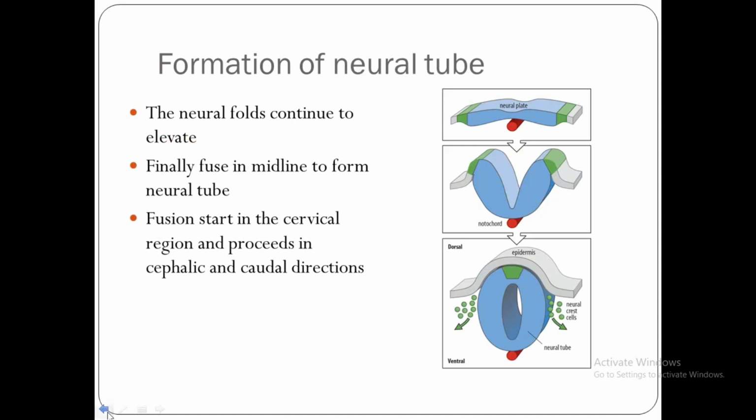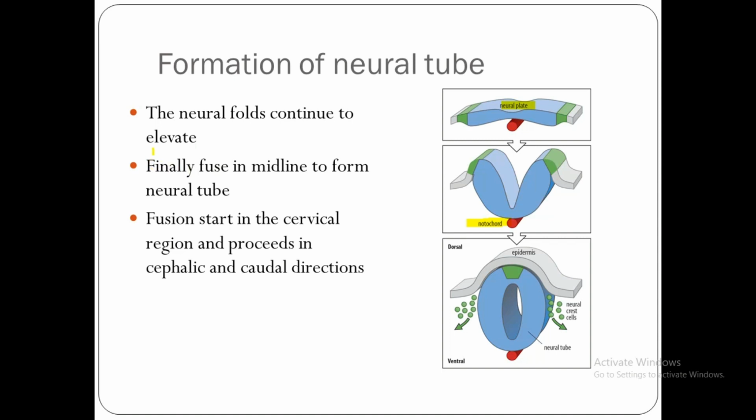Now let's discuss the formation of a neural tube. As you see, this neural plate receives some signals from the underlying mesodermal cord. This is known as notochord. And from the notochord, signals reach here on the ectoderm, and a groove or a cleft is appearing.